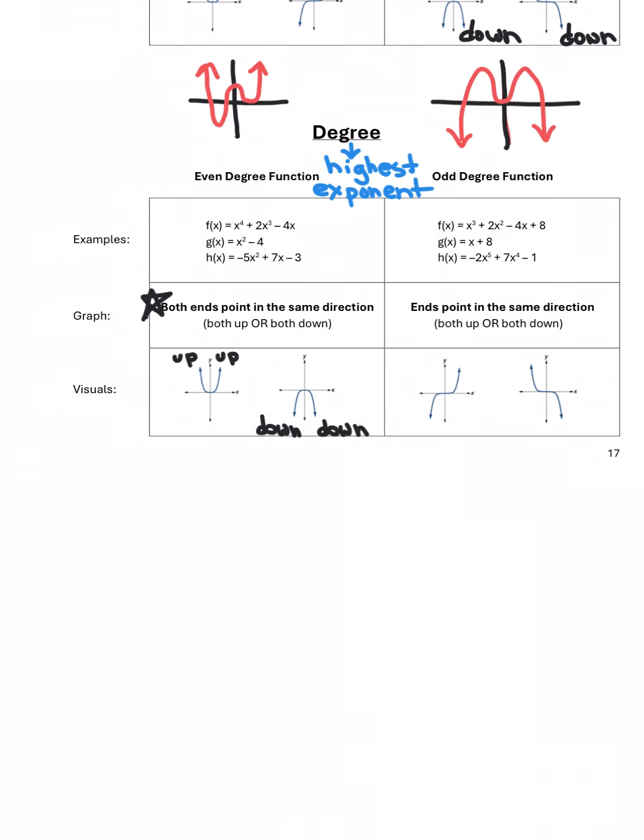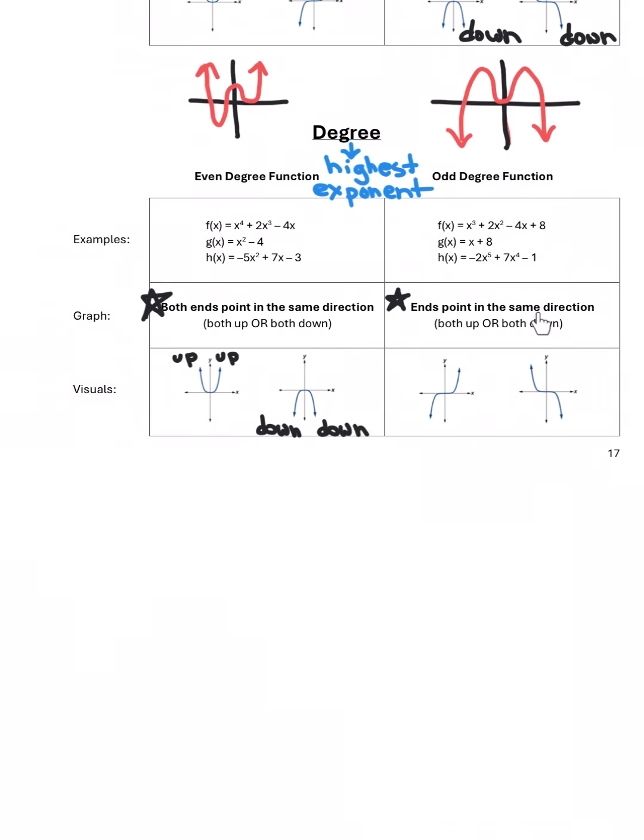Whereas, look over here. These are all odd degree functions. The biggest exponent is a 3. Even though we don't see it, isn't there technically a 1 right here and a 5? These are all odd numbers. So if we have an odd degree function, let's put a star next to this, the ends point in the, actually that's wrong. Let's cross that off.